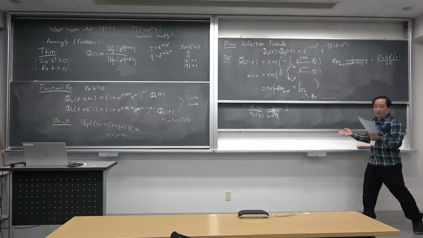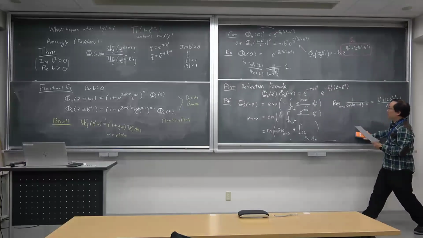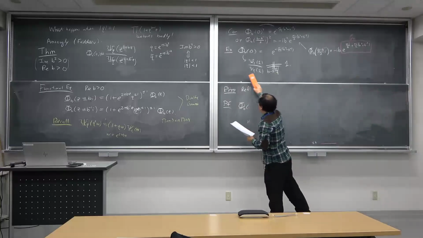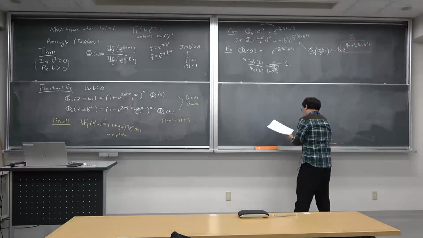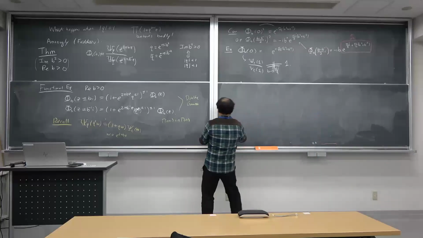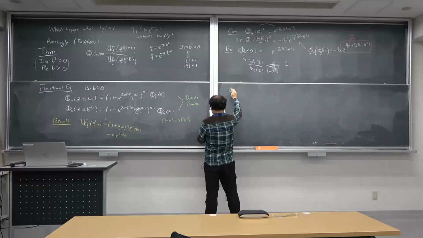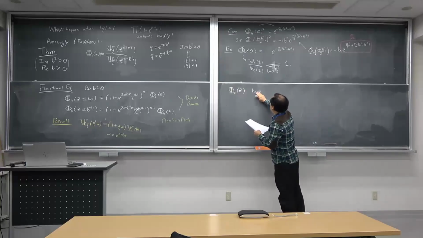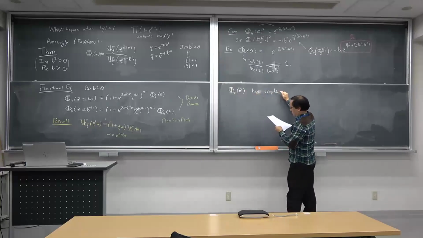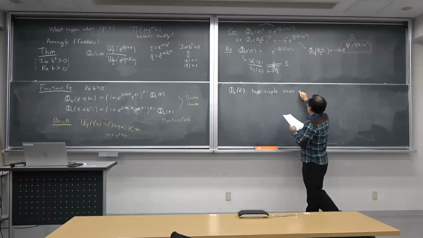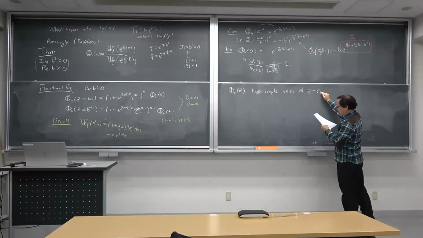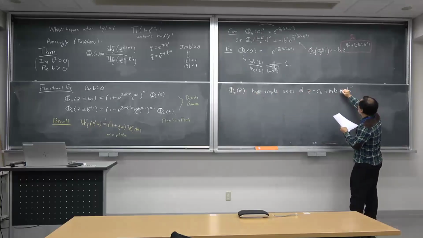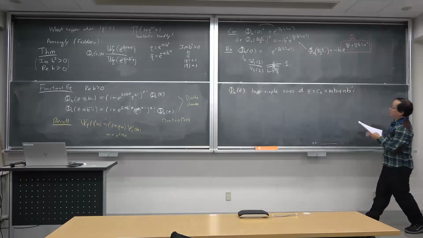So now I can discuss the poles and zeros that was asked. That's more important. So this function will have simple zeros at the positive linear combination after CB.